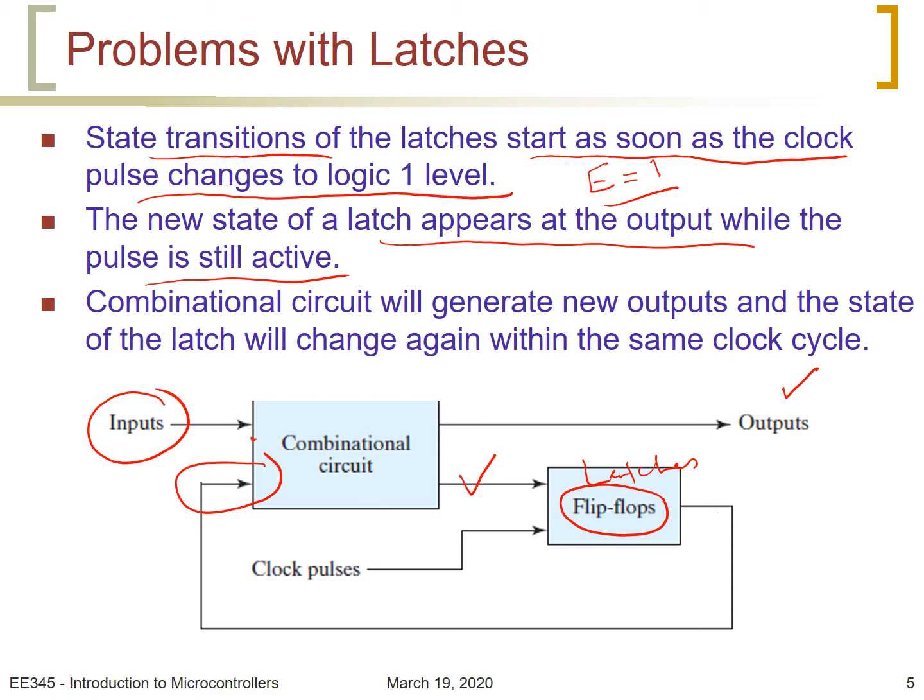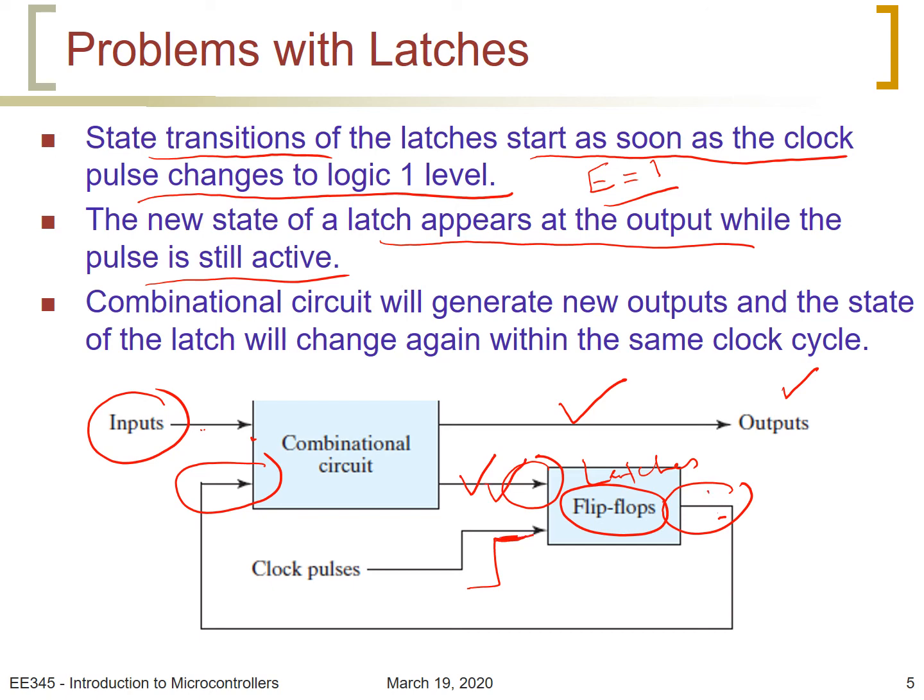Now, when the clock pulse becomes logic 1, the inputs of the latches have changed, therefore the outputs will change. And this change will be again given as input to the conventional circuit. If the input is still the same, the outputs will change. And so the inputs to the latches will change.